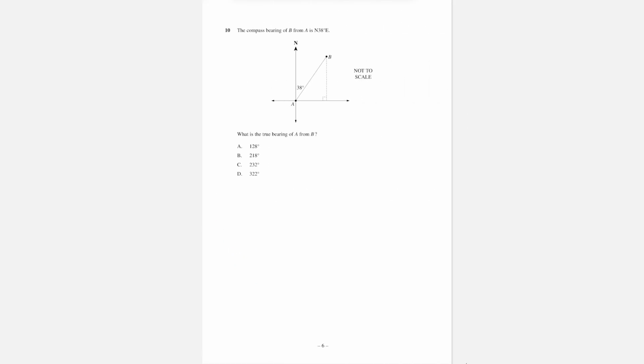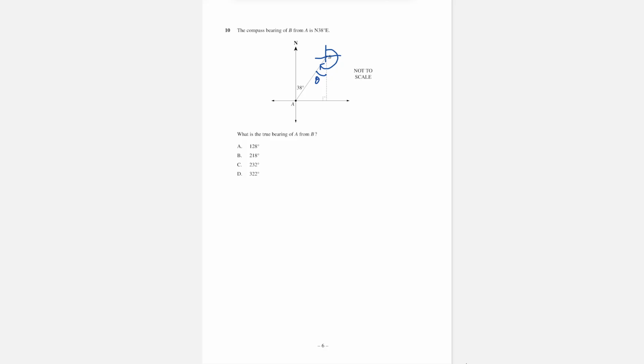The compass bearing of B from A is north 38 degrees east. What is the true bearing of A from B? So again, if B is our origin, we're looking for this huge angle here. So to get that angle, we need to find out what this angle is, theta.